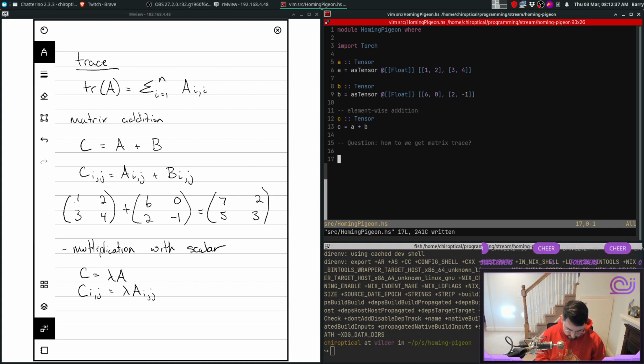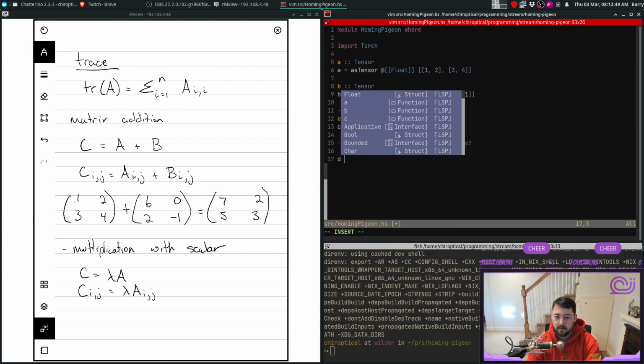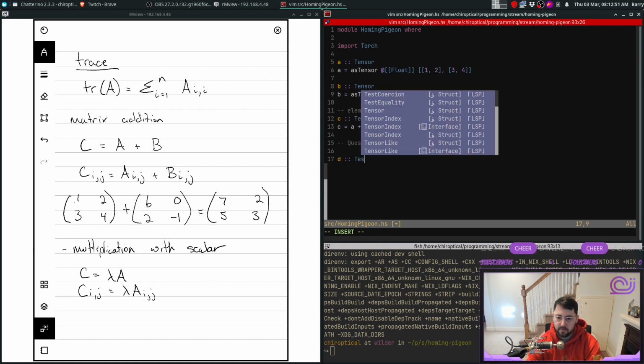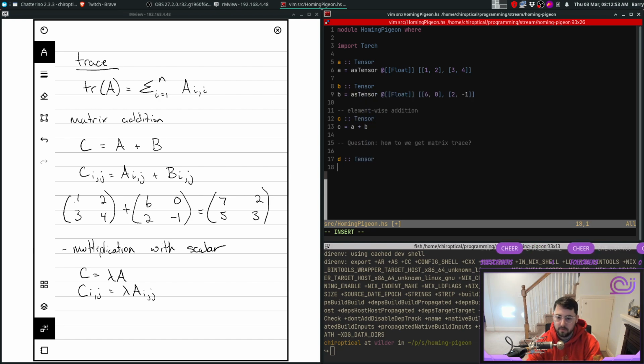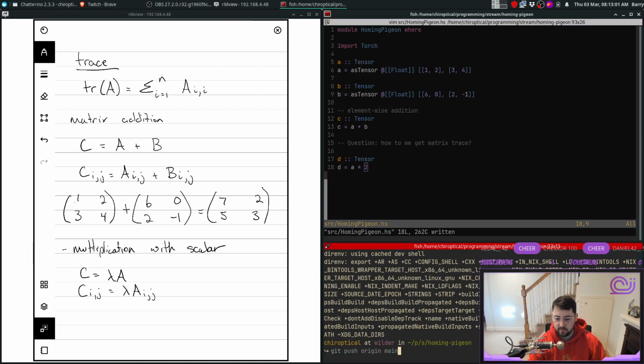I understand that my commas sometimes look like the j, but that's just how I end up writing. And I presume that we can do that really easily here by saying D is tensor and then D equals A times, I don't know, 2. And I would guess that this just builds, make build.